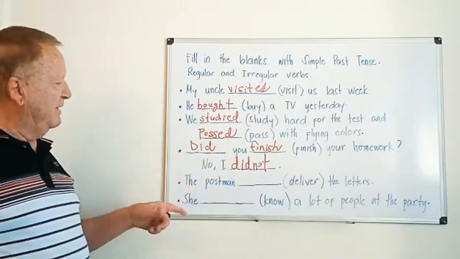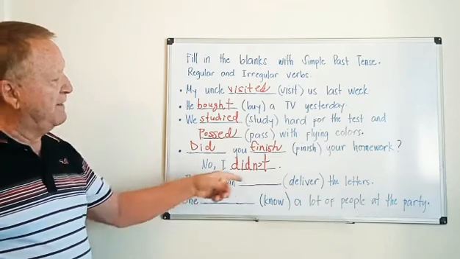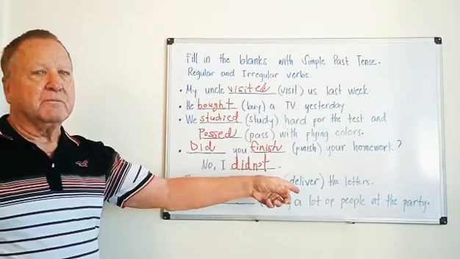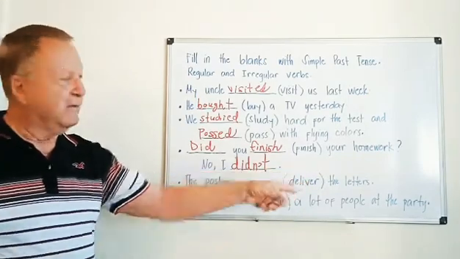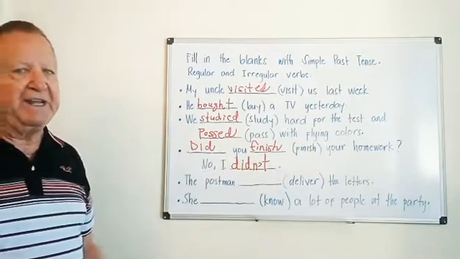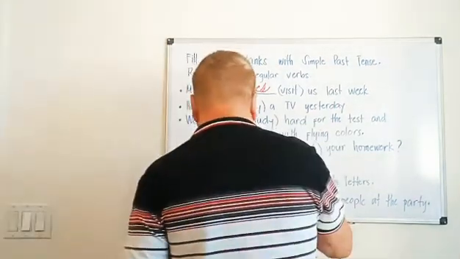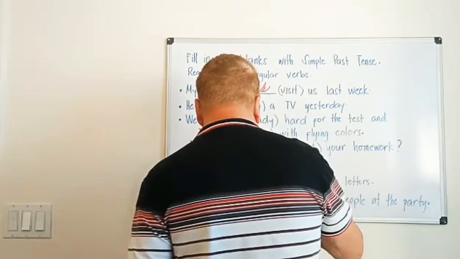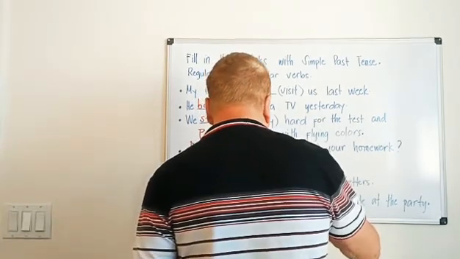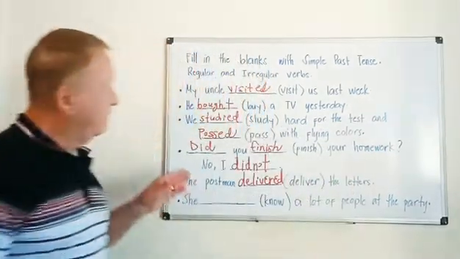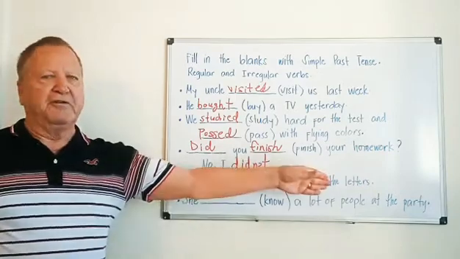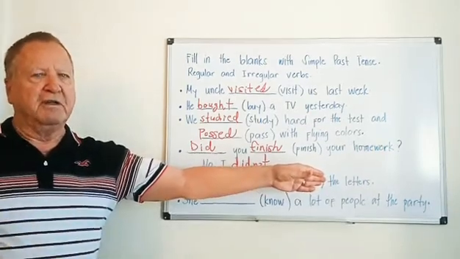And the next one. The postman, blank, deliver the letters. And this is going to be an easy one. It's a regular verb. We're just going to add ed to this. The postman delivered the letters. Delivered.